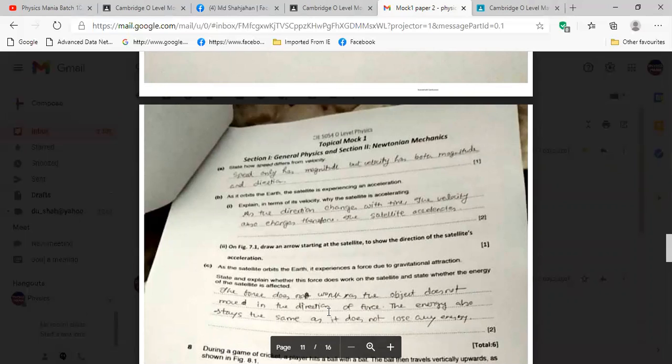Speed only has magnitude, but velocity has both magnitude and direction. As the direction changes with time, the velocity also changes. Therefore, the satellite accelerates.